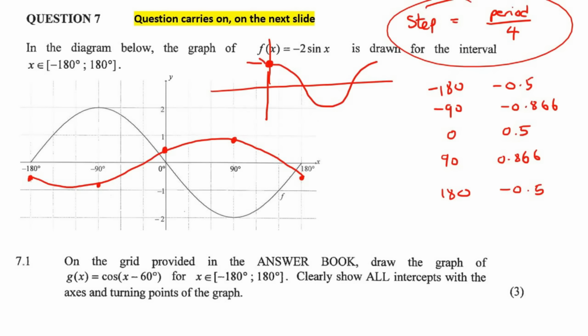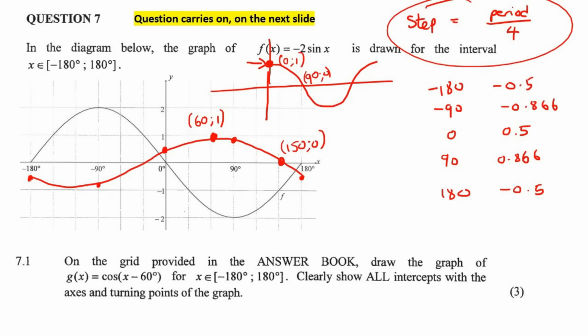So that means that this will be our first turning point, which is going to be 60 degrees to the right. That would actually be this point over here, if I did it accurately. And that would be at a coordinate of 60 degrees and 1. Because normally it would be at 0 and 1, but then they moved it 60 degrees to the right. Now this x-intercept on a normal cos graph would normally be at 90 and 0, but now if you add 60 to that, it should be over here, where it would be at 150 and 0.